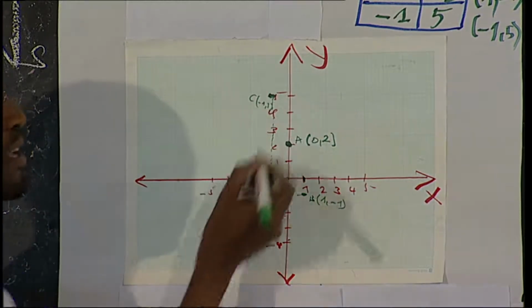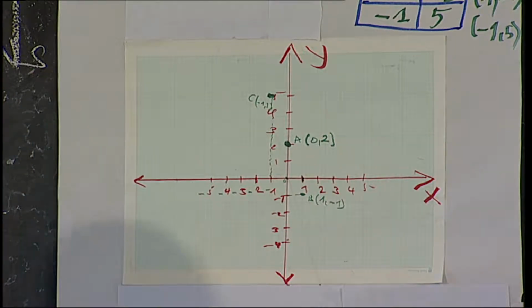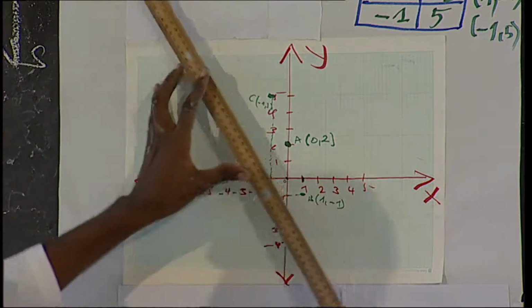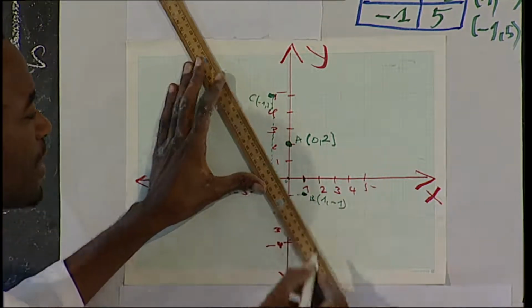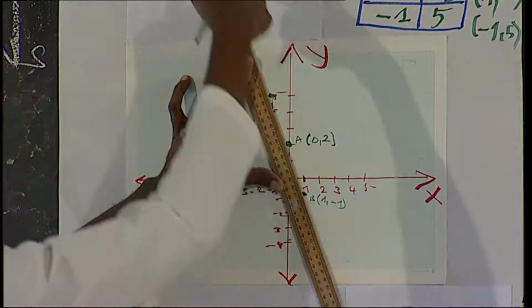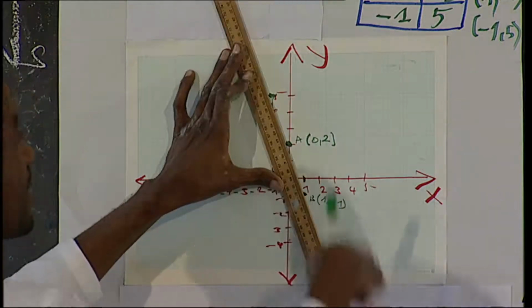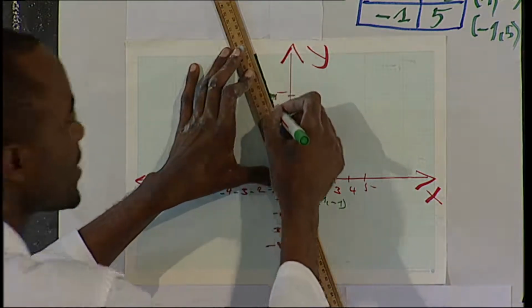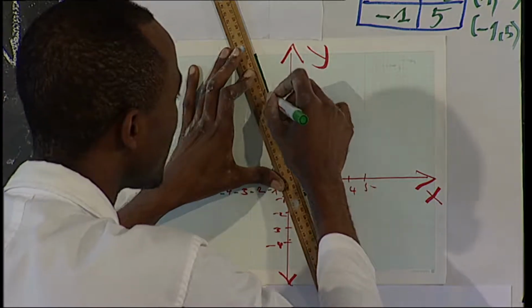Do you see? How many points do we have? 3 points. What you do is just to join them. You use the ruler. You hold the ruler on those points in a way that they are on the same line, like this. So we get our line like this.